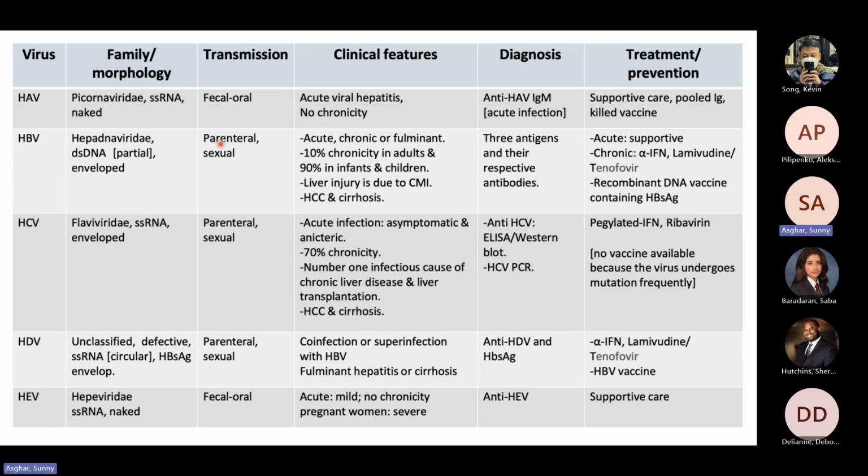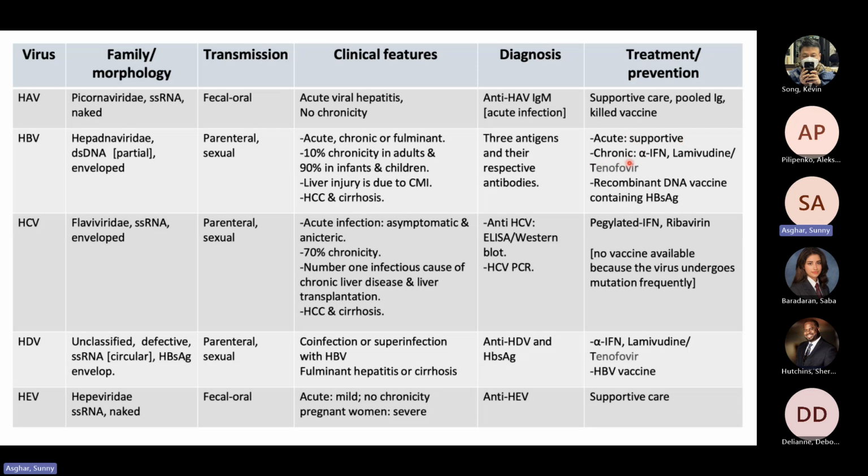For HBV, the clinical features are that it could be acute, chronic, or fulminant. Most of it is going to occur in infants and children. It can cause liver injury, and it can also lead to cirrhosis. Diagnosis: we're going to see the three antigens that I showed you, the surface antigen, the E antigen, and so forth. If it's acute, the treatment is supportive.